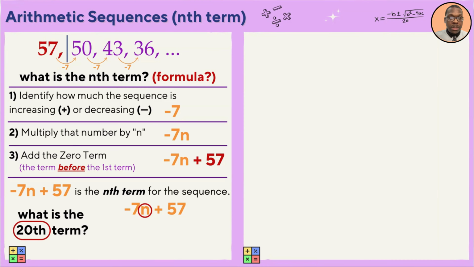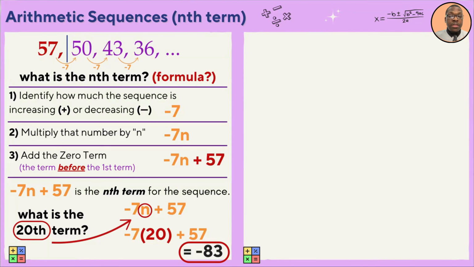We're looking for the 20th term. So replace the n with the number 20, and you'll get the answer for that sequence number. So in our case, if we replace n with 20, that would be negative 7 times 20 plus 57. And once we solve for that, we get negative 83, meaning the 20th number in the sequence is negative 83.